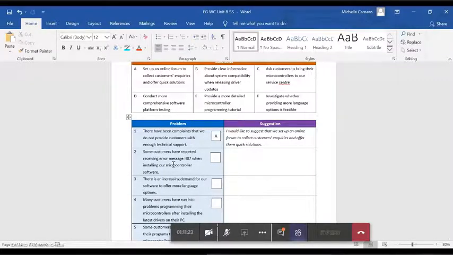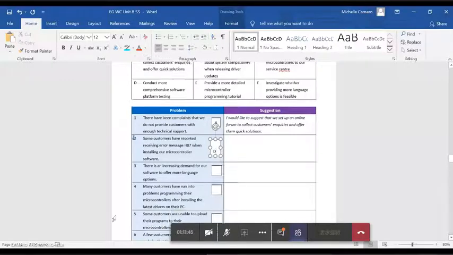Okay, so some customers have reported receiving error message H07 when installing our microcontroller software. Which would be the solution, B, C, D, E, or F? Right. If you said D, conduct more comprehensive software platform testing, you are correct. Good.